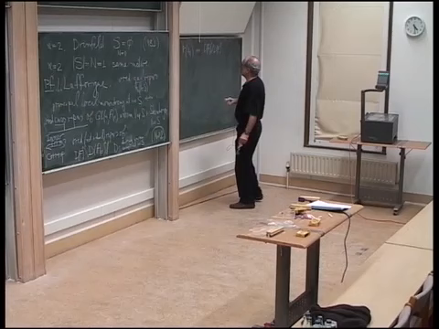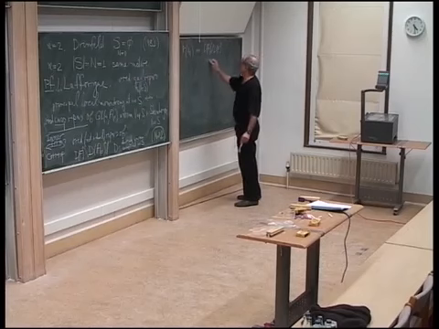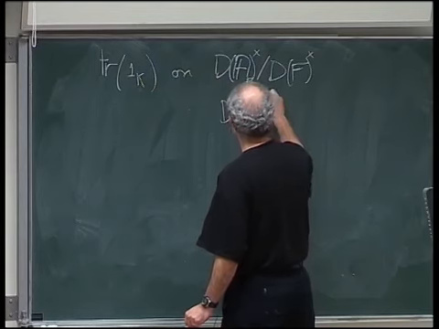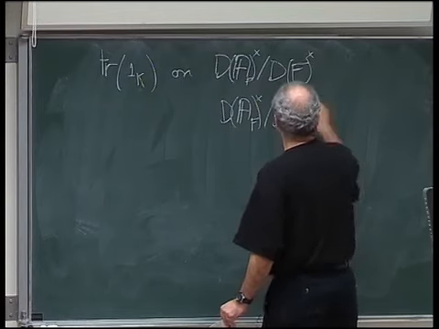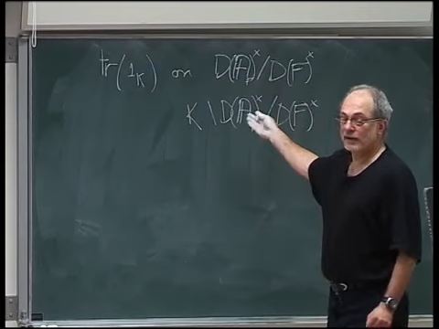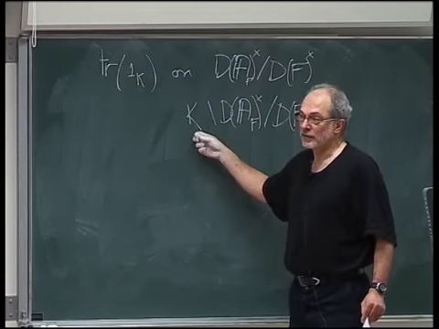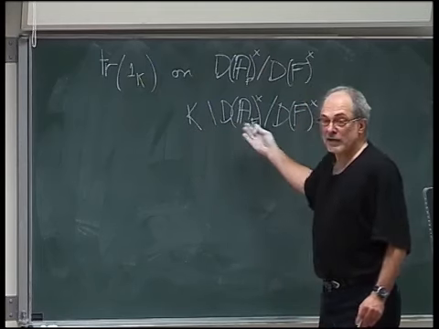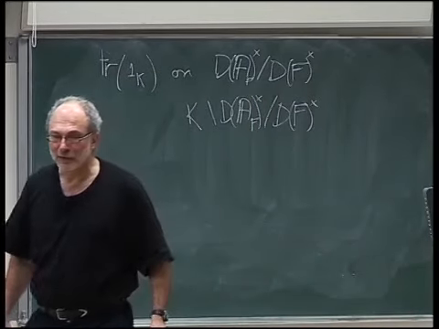Another way of thinking about it, if you don't like trace formulas, you can just think about this finite quotient of the homogeneous space by the maximal compact. This is a finite space, and you compute how many elements there are in it.